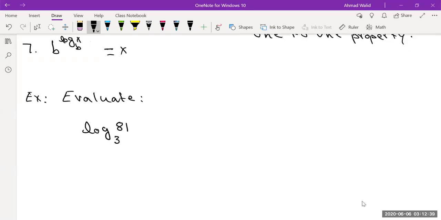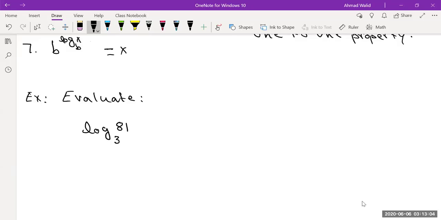If you want to use your calculator to find the logarithm of 81 base 3, your calculator will show an error, because your calculator is only programmed to calculate the logarithm of numbers base 10, not any other base.